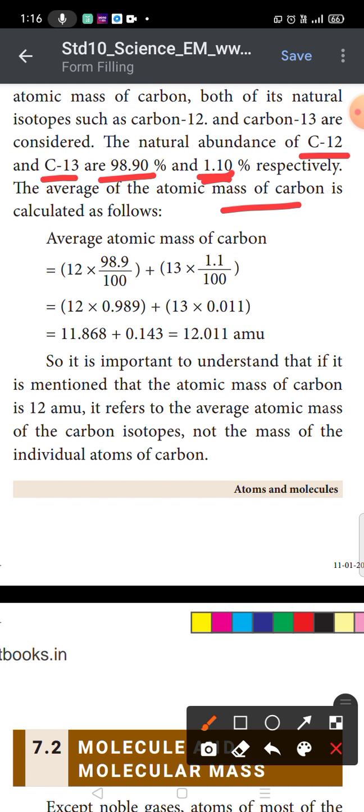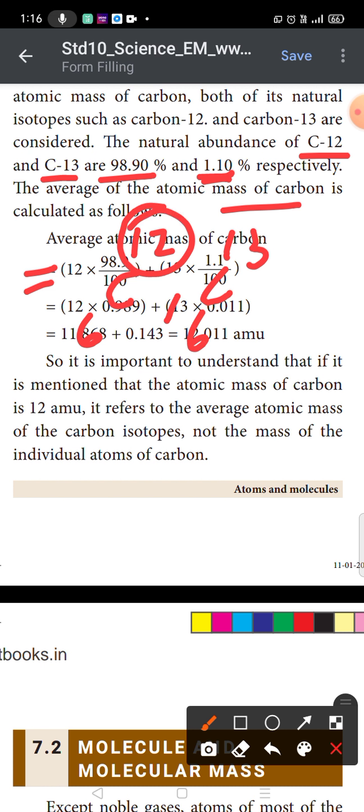Average atomic mass of carbon is equal to, how many isotopes does carbon have? They have given 2. One is carbon 12, the other one is carbon 13. So both have atomic number 6. First we have to write the atomic mass, which is mass number 12 into, yes, 12 into what is the percentage abundance, which they have given, 98.90 percentage.